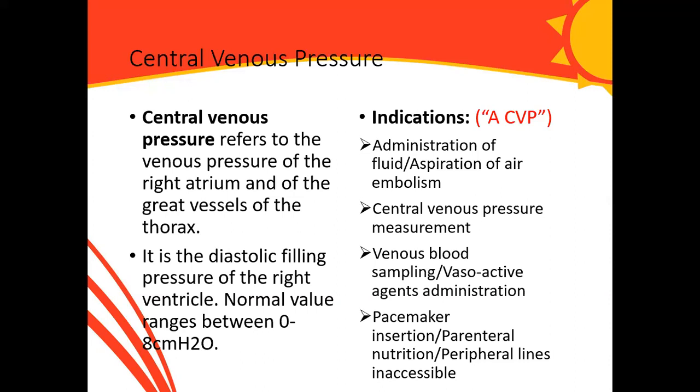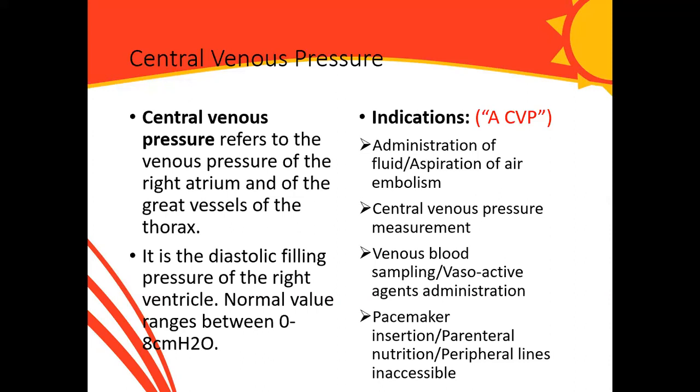Indications for central venous pressure measurement include administration of fluid, or aspiration of air embolism. So you want to use it to measure central venous pressure, especially to guide your fluid administration.